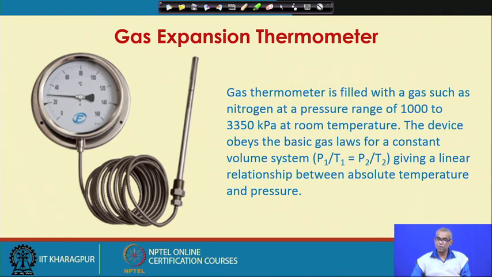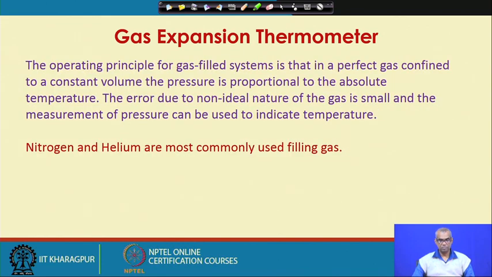So, the basic principle is that pressure divided by absolute temperature is constant for volume being constant. The operating principle for a gas filled system is that in a perfect gas confined to a constant volume, the pressure is proportional to the absolute temperature.